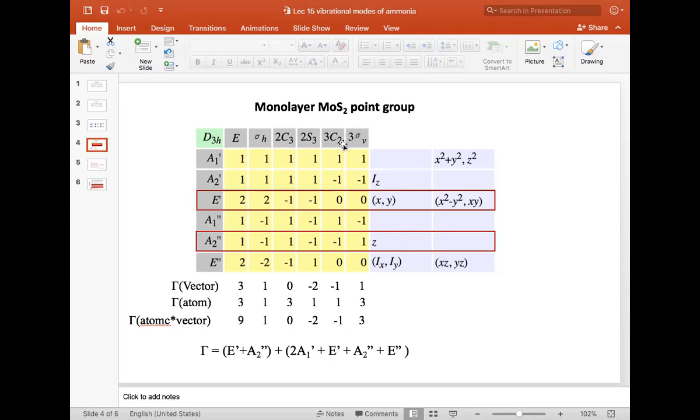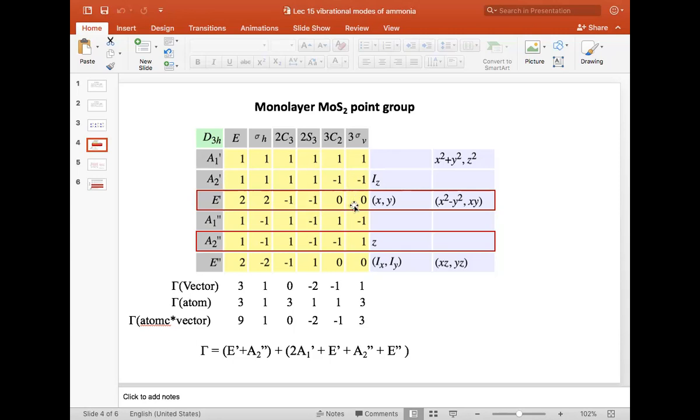So you have A1 prime, A2 prime, E prime, A1 double prime, A2 double prime, E double prime. For A1 prime, all are the same, but for A2 prime, this is -1, this is -1. Okay, so let's continue.